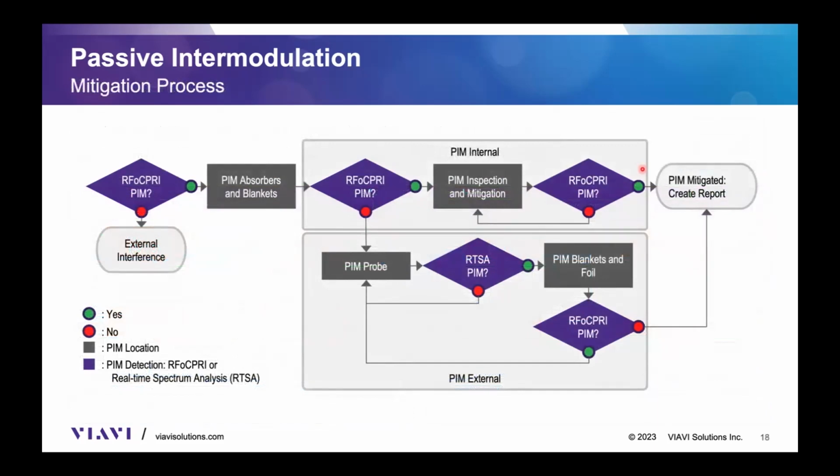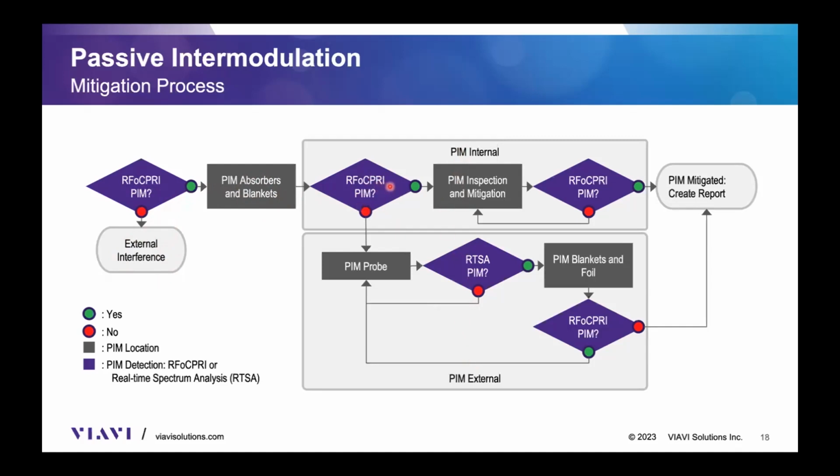Now, mitigation process. So this is just a quick flow chart of what happens when we have a PIM problem. So first, we do an analysis on RFoCPRI. If there's no PIM problem, then it's an external interference and we go into a different process. But if we have PIM, first off, we put some absorbers and blankets, and that is going to help us to make a distinction between external versus internal PIM.